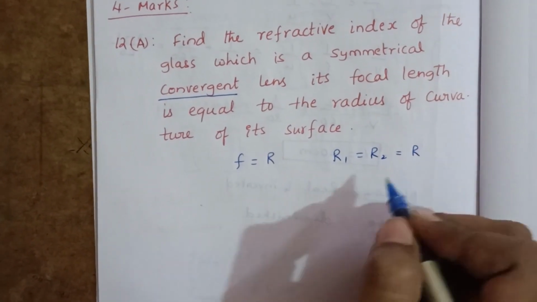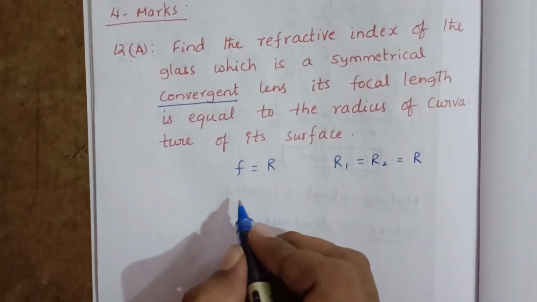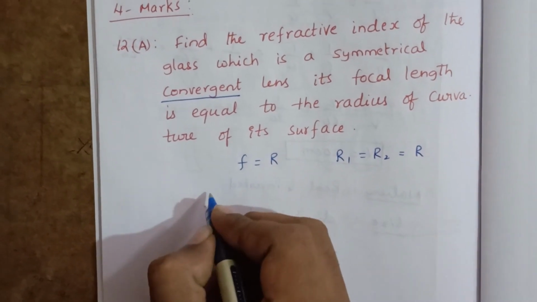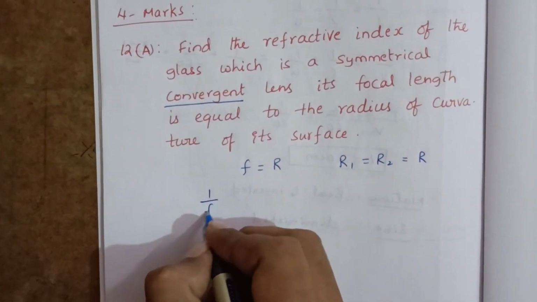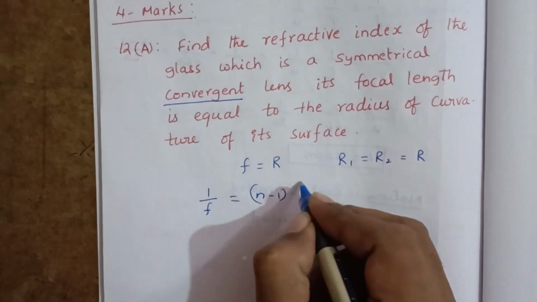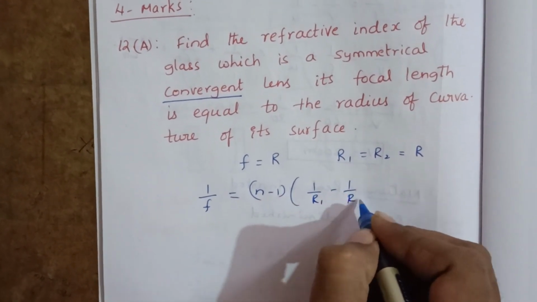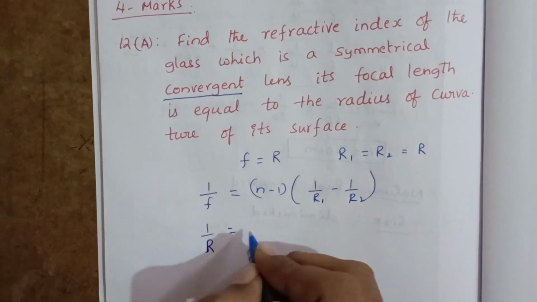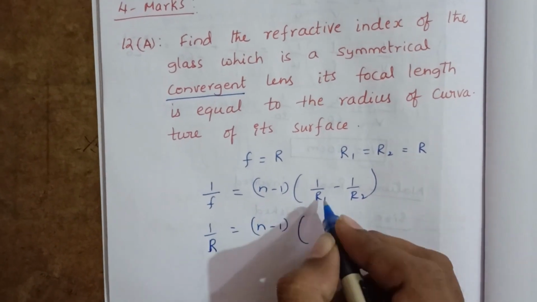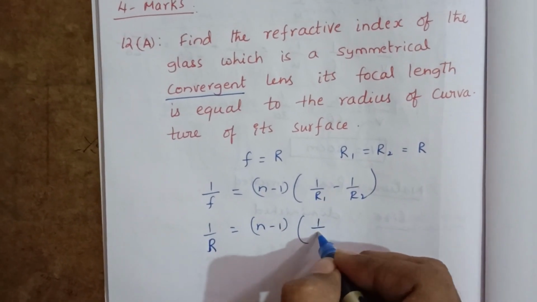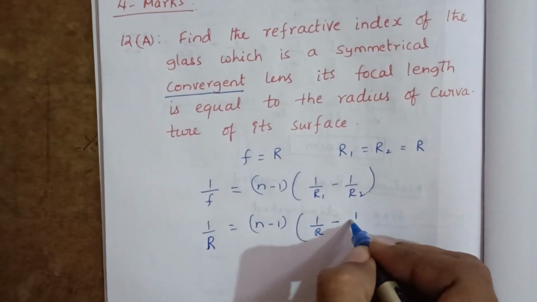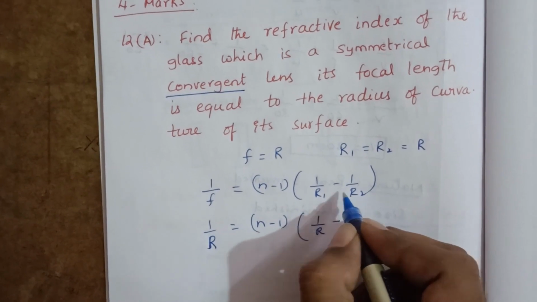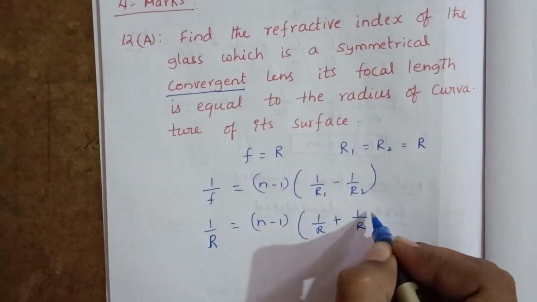To find the refractive index, since they gave the focal length and radius of curvature relations, we should take the lens maker formula: 1 by f equal to n minus 1 into 1 by R1 minus 1 by R2. So 1 by f, 1 by R equal to n minus 1 into 1 by R1, R1 is R, minus 1 by R2.